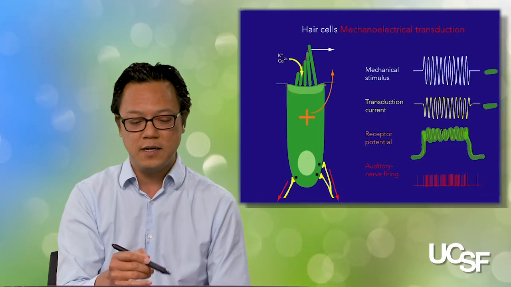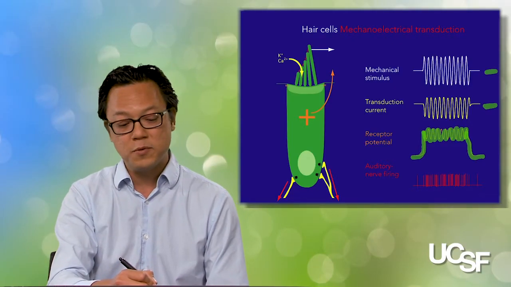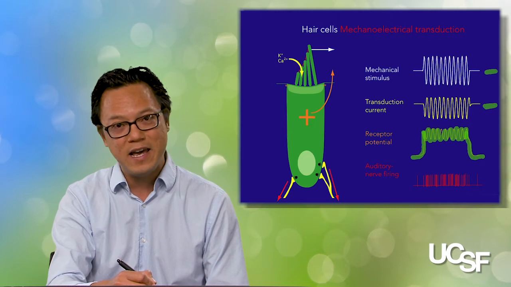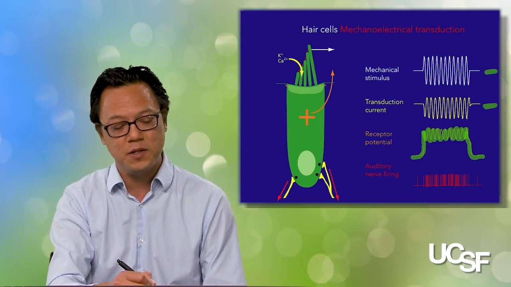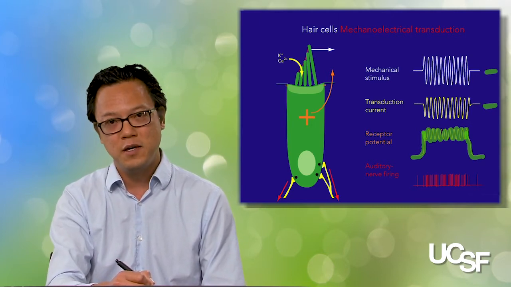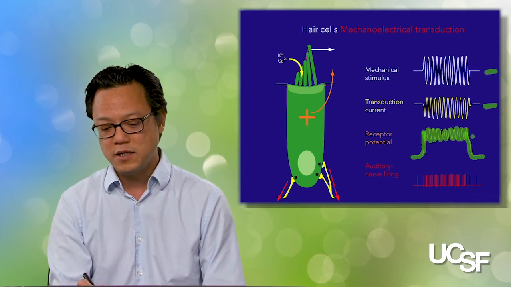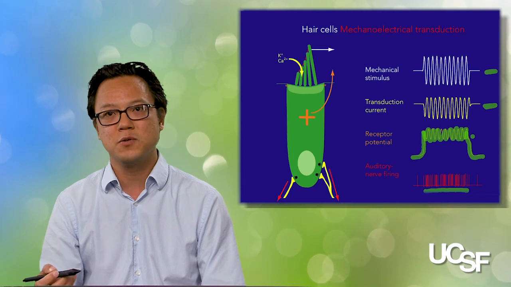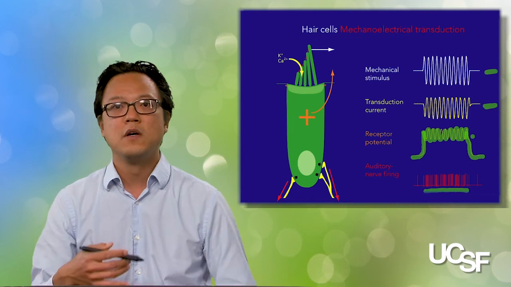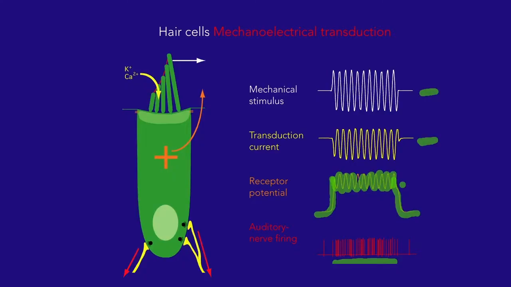This thus results in glutamate release at the hair cell synapse with the spiral ganglion neuron, such that when the hair cell is depolarized, it results in an increase in the firing rate of the auditory nerve. So in this way, a sinusoidal mechanical stimulus is translated into an increase in rate of auditory nerve firing.